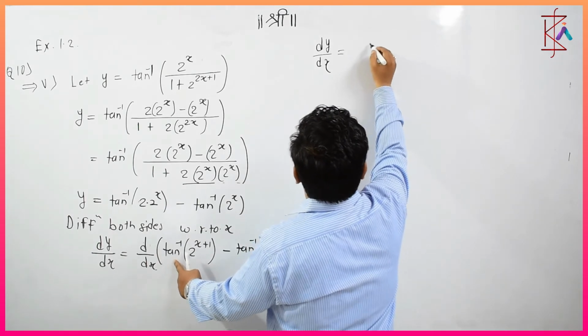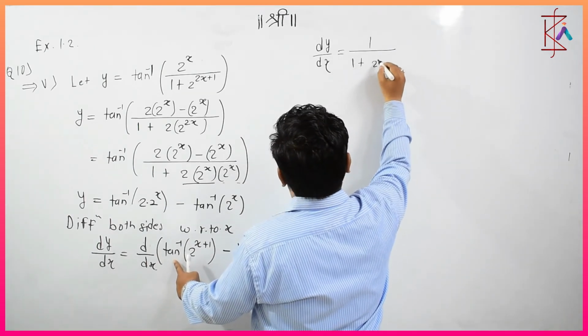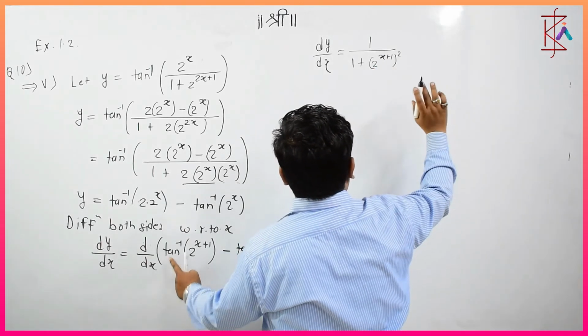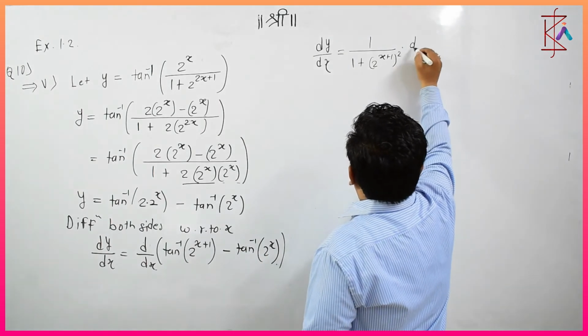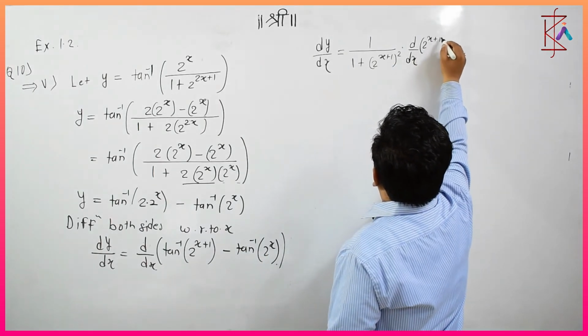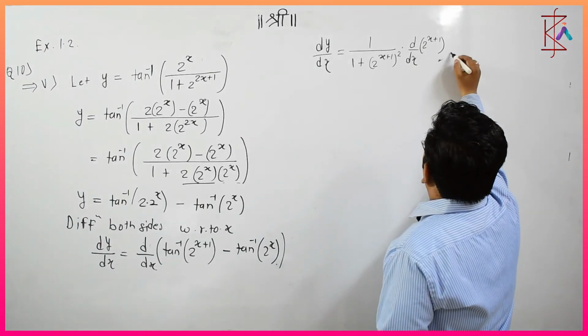The tan inverse derivative is nothing but 1 upon (1 + 2^(x+1)) whole square, into d/dx of 2^(x+1), done, minus, so this minus sign comes over here.